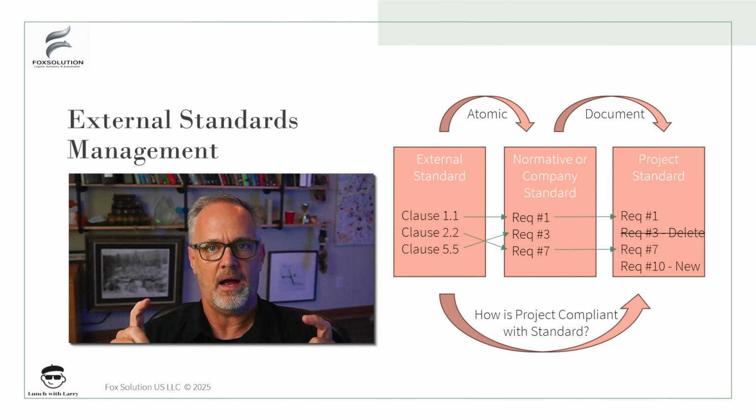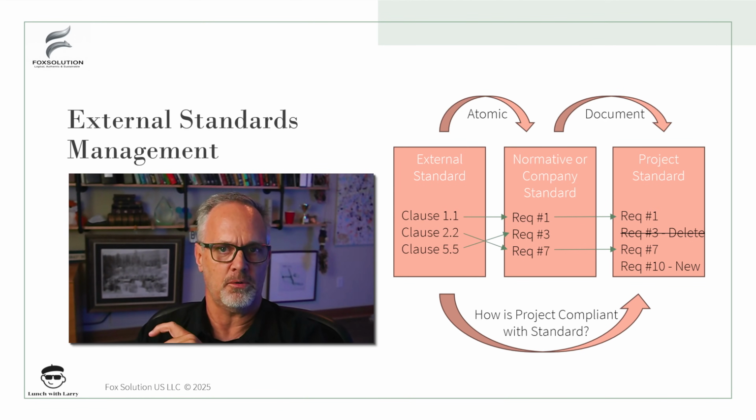And now when I want to say, how is this project or this product compliant with the standard, I just have to run through 2 levels to get to the external standard. And I can scope an external standard and a project, and I can know precisely how we're compliant with that particular external standard. And also the traceability in the project will be to the test case and the test results.